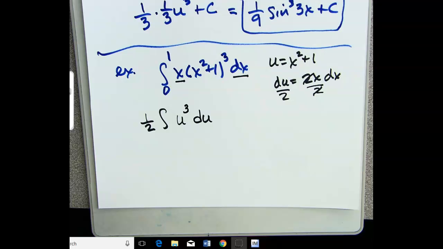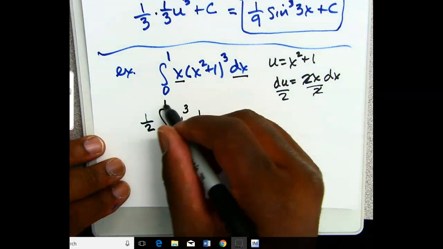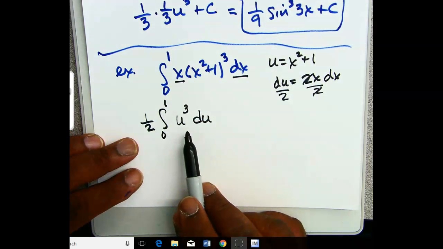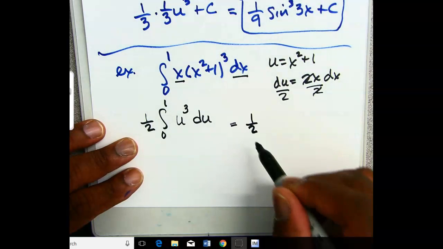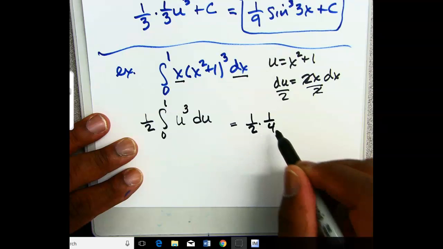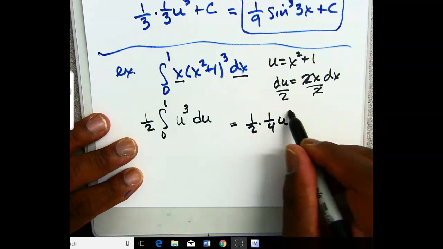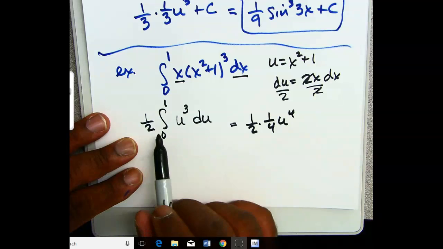Now, the limits that we have here are based on x, a function of x. We have now modified this for u. I'm going to go ahead and put the limits here, but let's see what happens. What is the integral of u cubed? 1/4 u to the power 4 plus c. We don't have to do the plus c because we have a definite integral here.